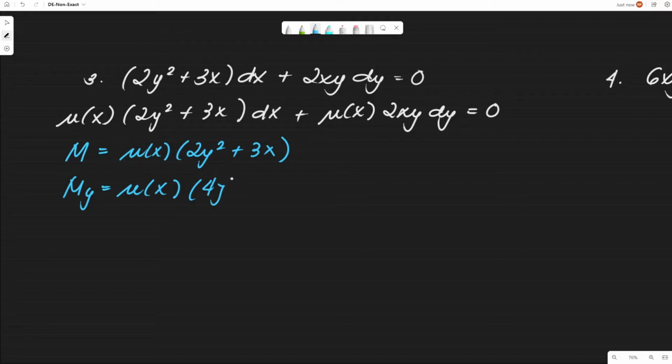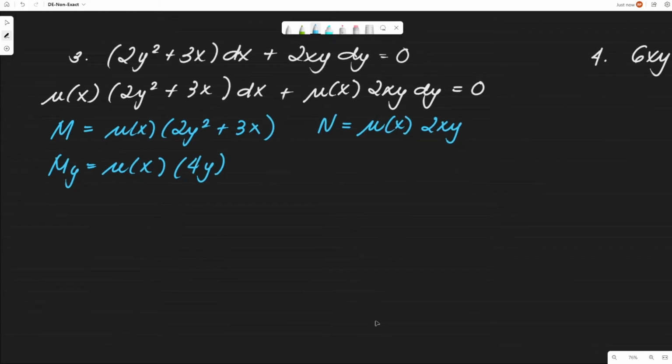Kasi remember guys, we are getting the partial derivative of y, so lahat ng x function will be treated as constants. So we have n in this case. So that is 2 mu of x 2xy. Sorry, medyo naglalag. I don't know why. Medyo marami na ata laman yung ating whiteboard. So we have nx.